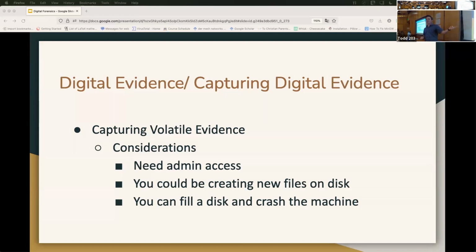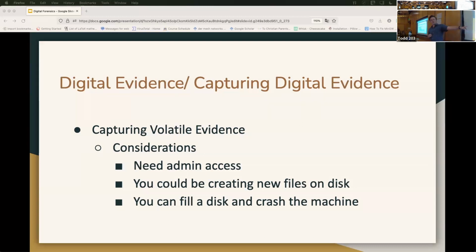Since we're interacting with a running system and we can't implement write blockers like we did on physical disk capture, or I mean, on our non-volatile evidence, we could be creating new files on disk. We need to be careful with that. And if we do, we need to document it and say, hey, we accidentally did this, so that this doesn't invalidate any of our findings.